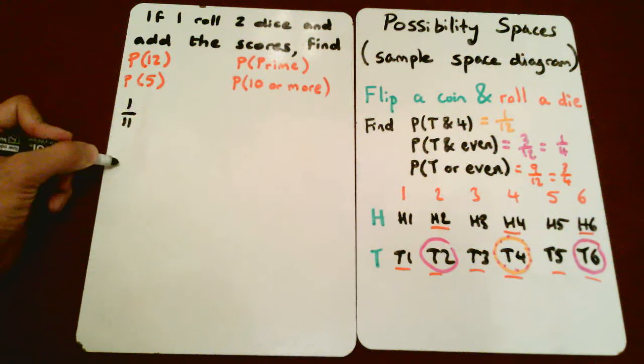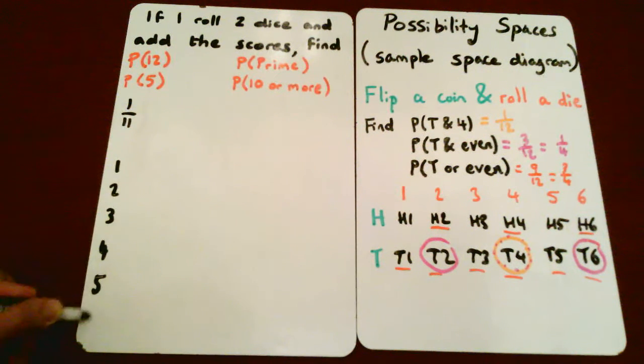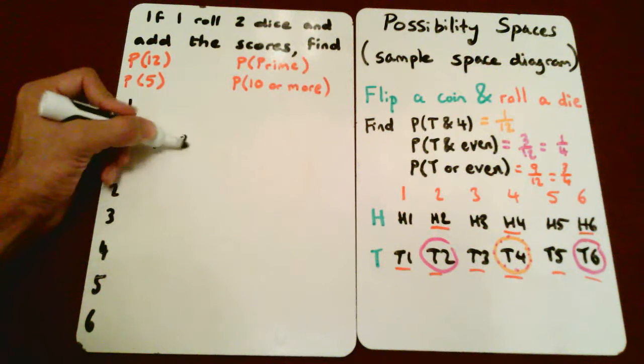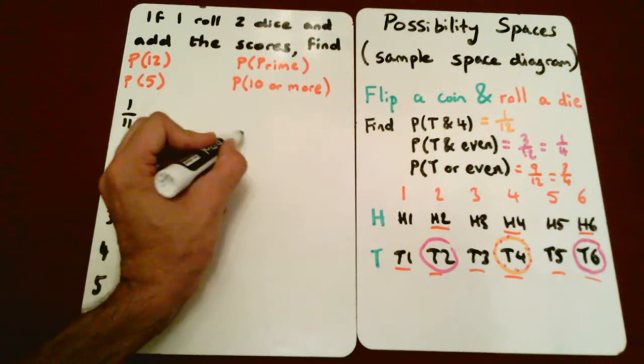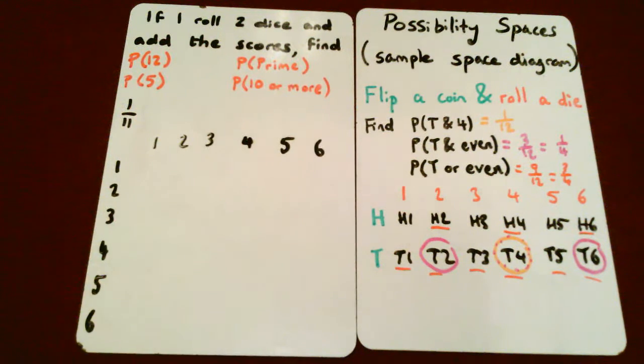If I have a sample space diagram, I have 1, 2, 3, 4, 5, 6. That's my first dice. And my second dice going the other way, 1, 2, 3, 4, 5, and 6.